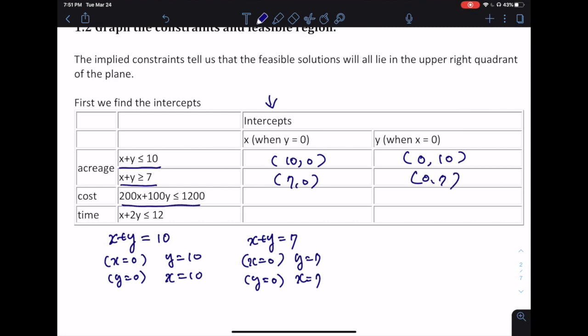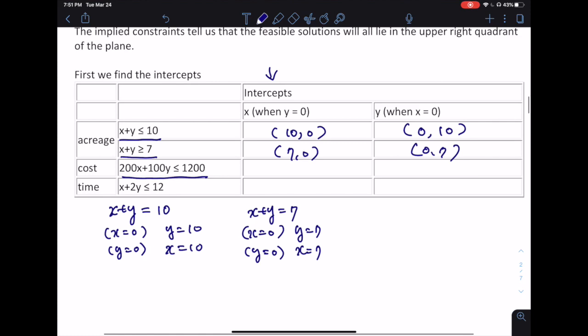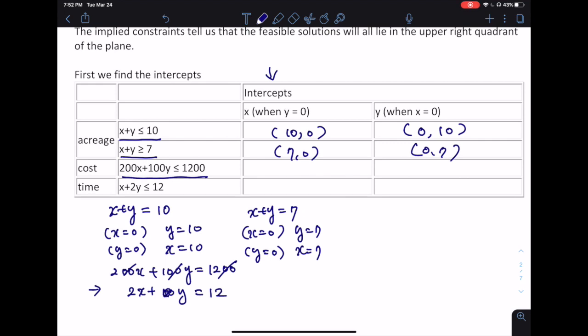Now let's look at the cost function. This cost function is 200x plus 100y equals 1200. It can be easily rewritten like this. If I divide both sides by 100, this is 2x plus y equals 12.